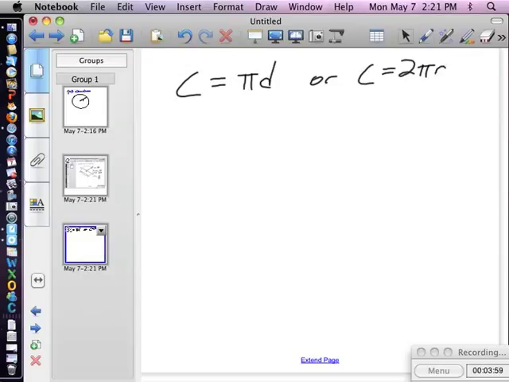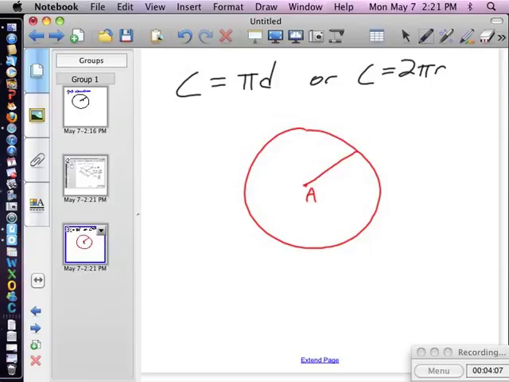So if I draw another circle here, you'll see how these formulas are exactly the same. Because notice if we make a radius, we'll call it AB, right? And if there's a diameter of BC, notice the radius is always half of the diameter. So this whole distance here would be the diameter, whereas half the distance would be the radius.